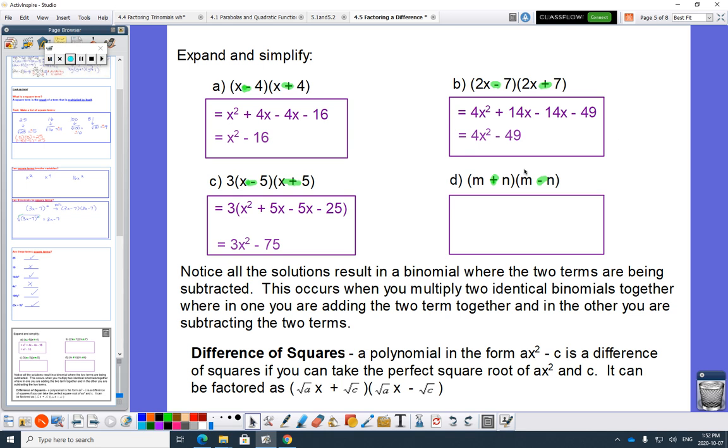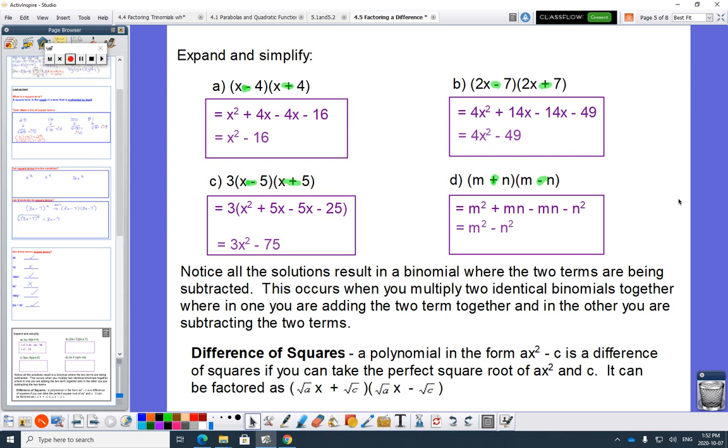If you are the kind of person who likes general formulas, that's this one here. Okay, so we have positive mn, negative mn, so we get m squared minus n squared. This is also the official definition.